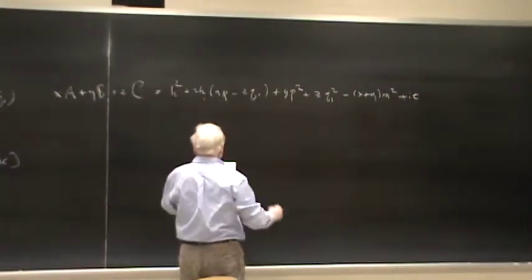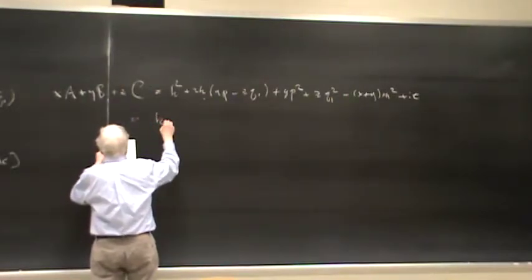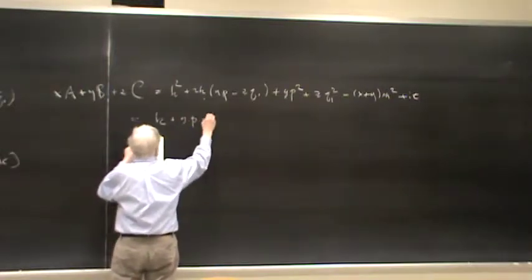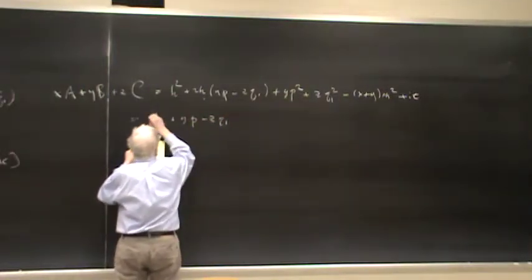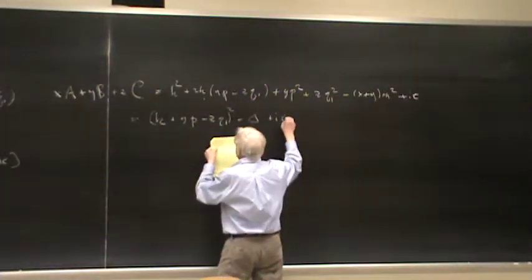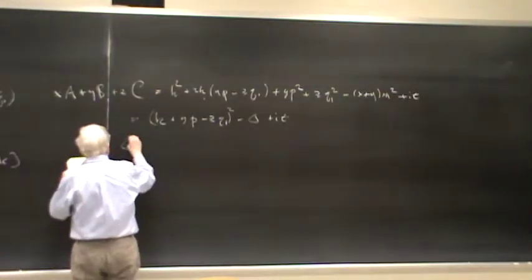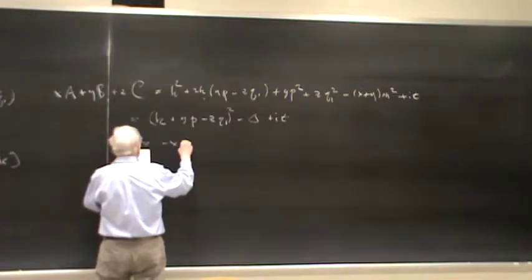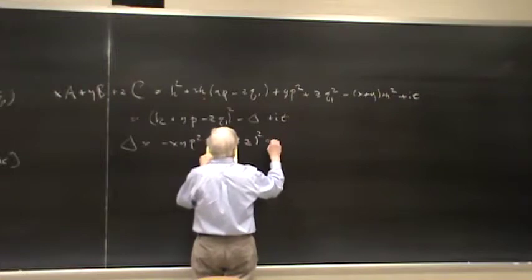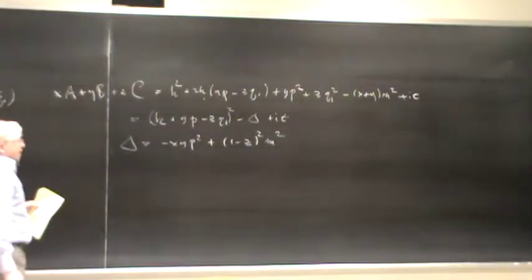Okay, that is actually it, and then we rewrite this as (k plus YP minus ZQ1) squared minus delta plus i epsilon. And delta here is minus XY P squared plus (1 minus Z) squared M squared.